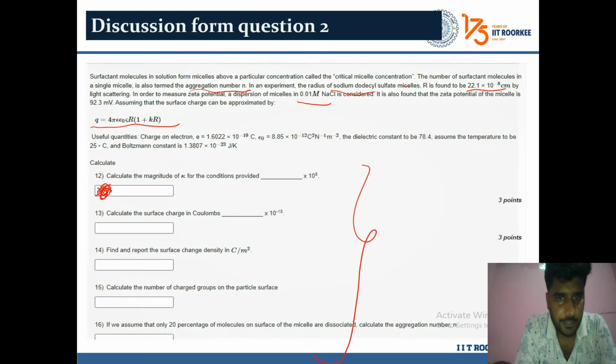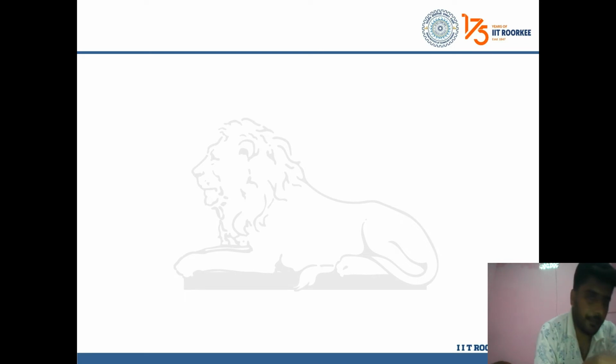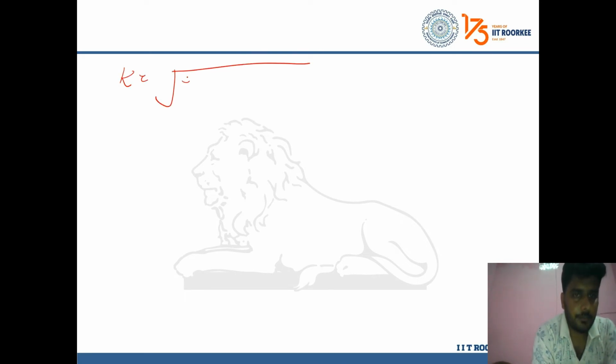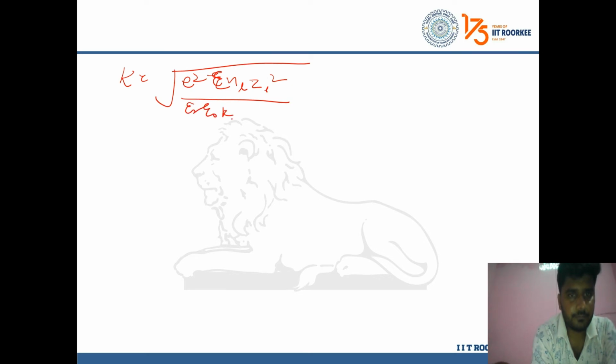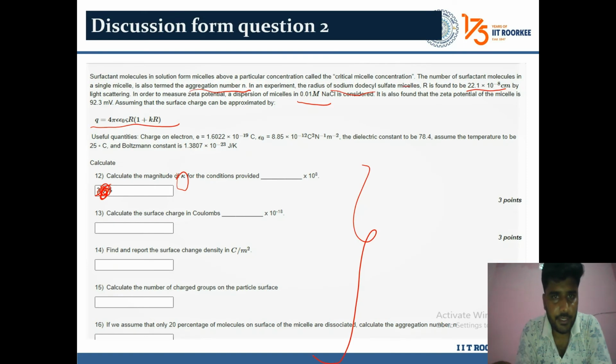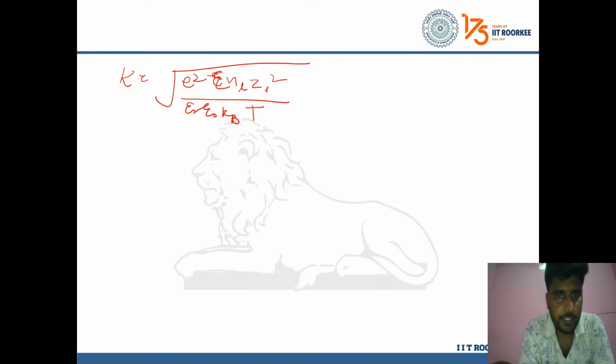First I will be starting from the kappa value. As usual, we have to write this formula, that is the summation. The temperature is 25, so T is 298.